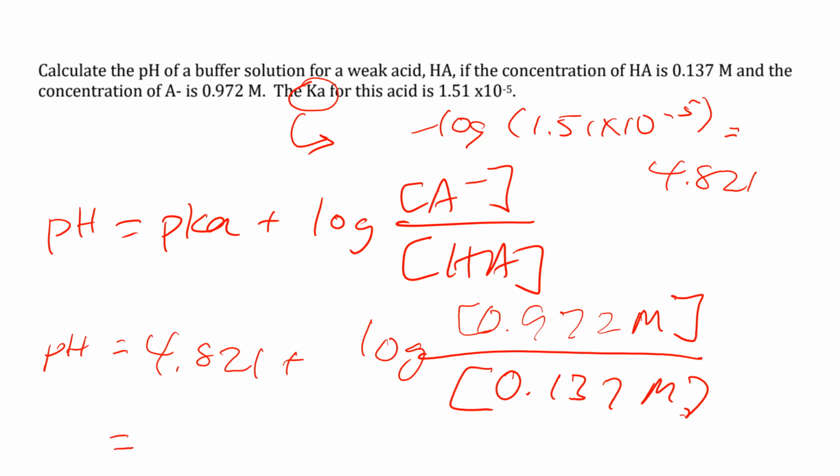You just do the calculation, plug it into your calculator, and you will end up with 5.672 for the pH. Just follow the equation. It's not that bad of a math problem.